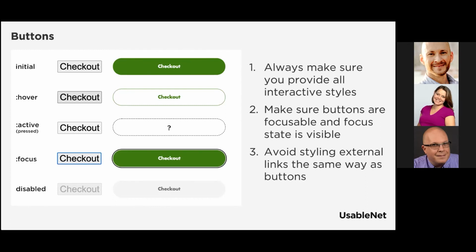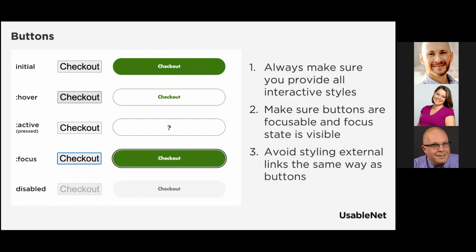So while overwriting the default styles and creating new styles from scratch, designers have to make sure they don't lose some of this interactive style that visually describes a button state. So it's very important to design around every single state of any interactive element like buttons.